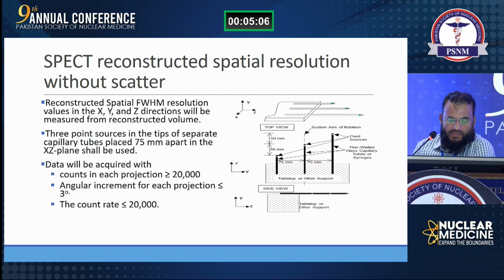The count rate should be less than 20,000 counts per second. These are the 3 point sources at the tip of each capillary tube, and this is the x-axis, meaning the patient's X right to left, Y is anterior to posterior, and Z is along the length of the patient.